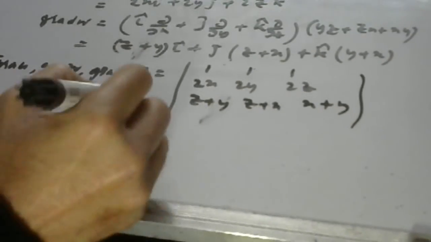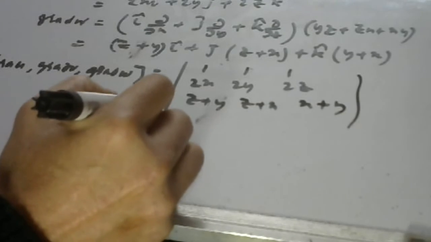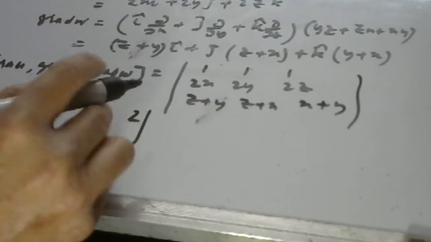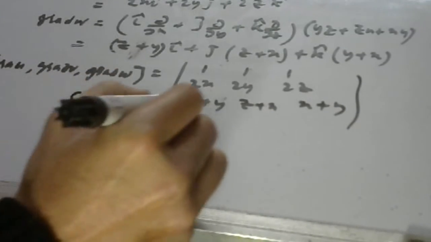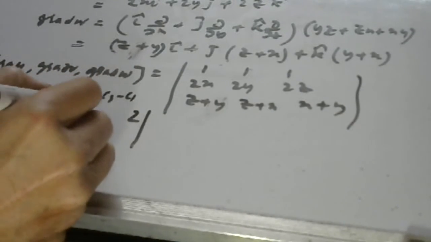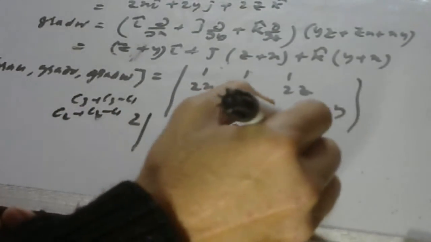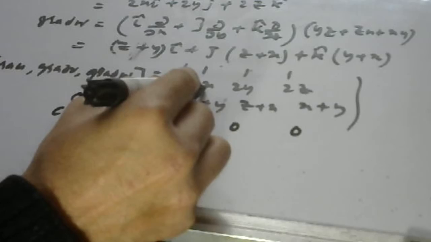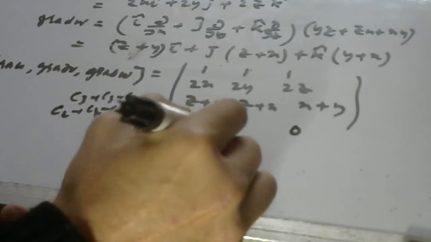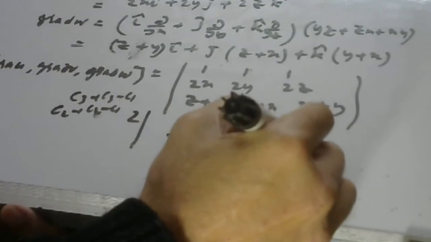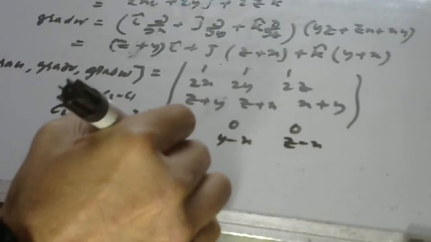Okay, next part, we take 2 common here, 2 comes out, and we operate. C3 is equal to C3 minus C1, and C2 is equal to C2 minus C1. Now this is 1, this becomes 0, and this is 0. We take 2 common from here. This is x, y minus x, z minus x, z plus y.